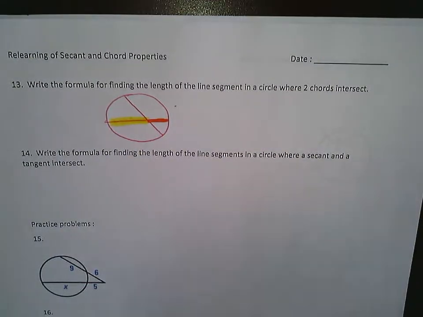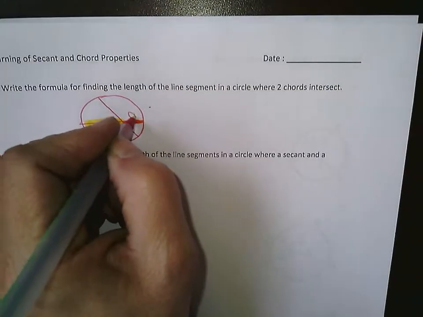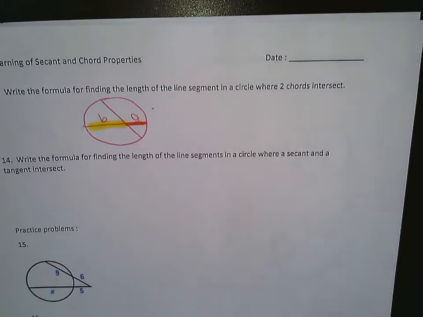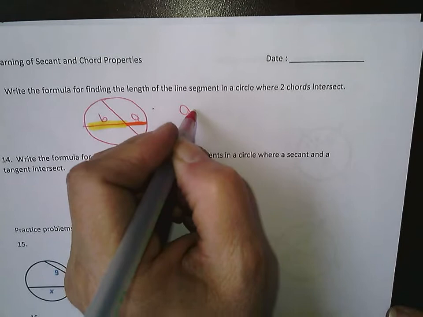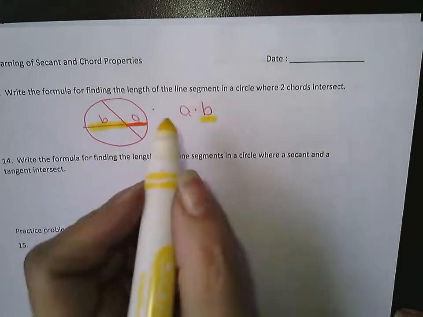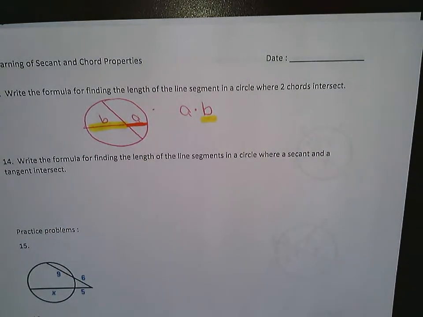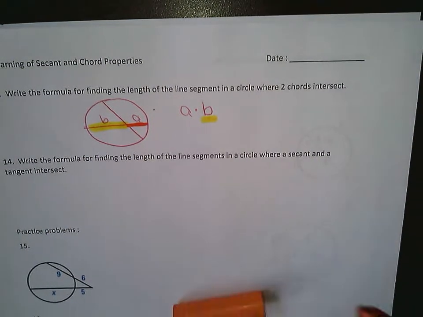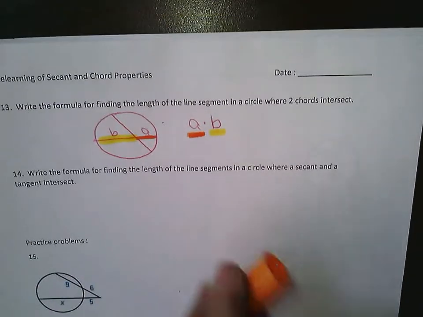We're going to call one A and one B. We take A times B, whatever those lengths are. A is orange, B is yellow, and we multiply those two values.